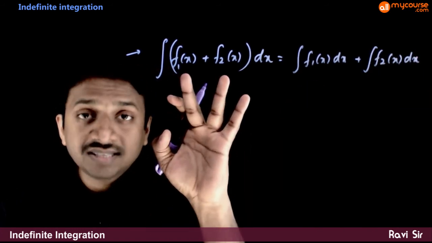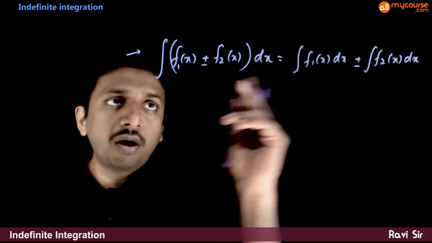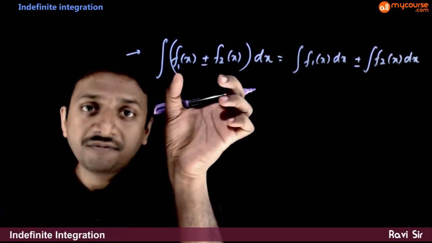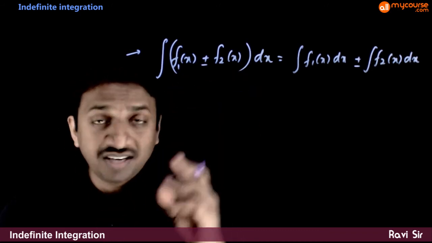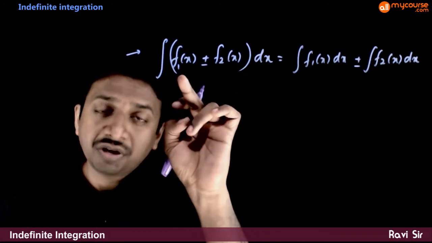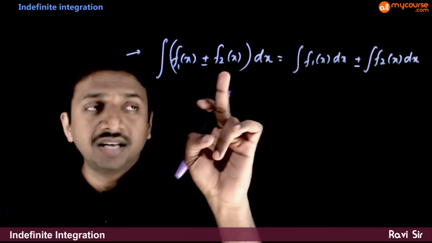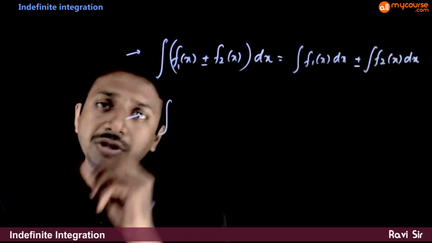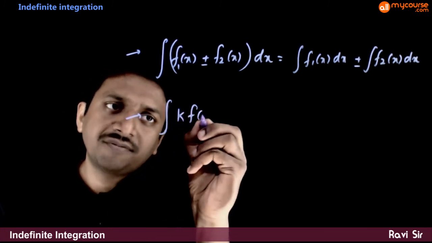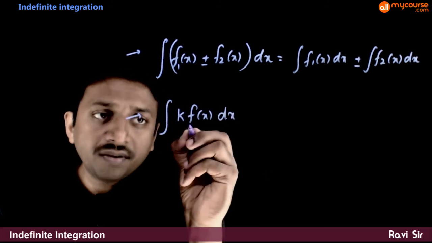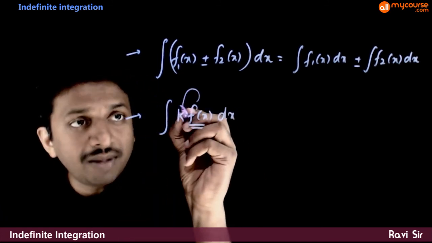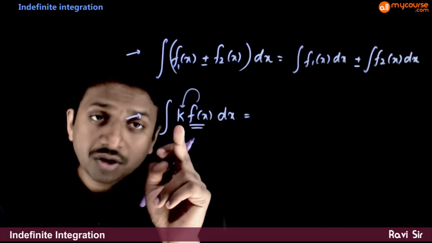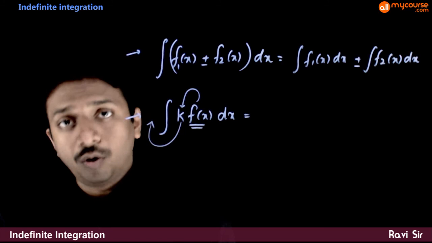So we have a sum or difference of two standard functions. So integration of f1 plus or minus f2 of x dx can be written as integration of the first function dx plus or minus integration of the second function dx. And integration of k times f of x dx: whenever the function f of x is being multiplied by a constant inside integration, this constant can be brought out of the integration.